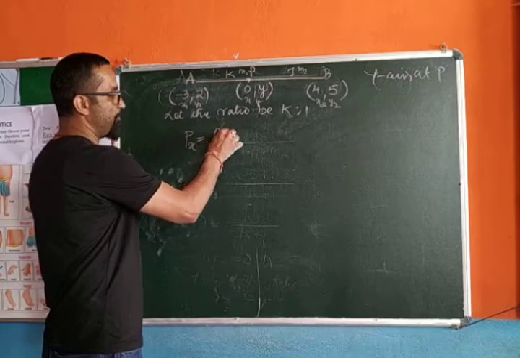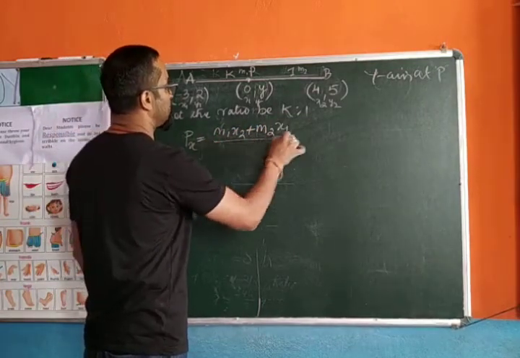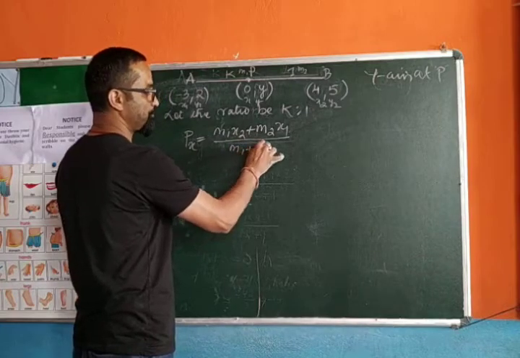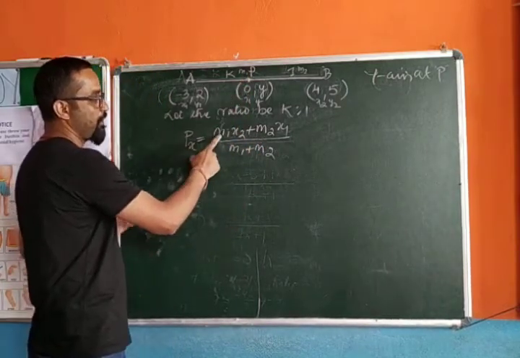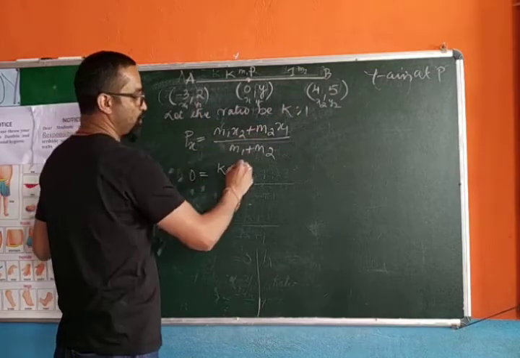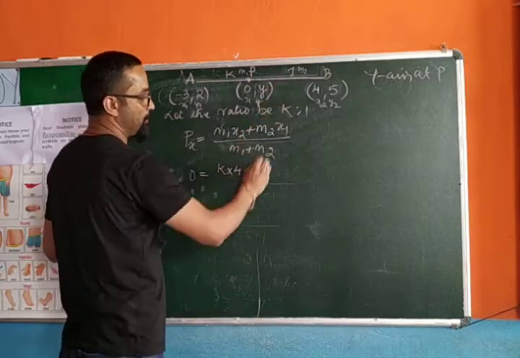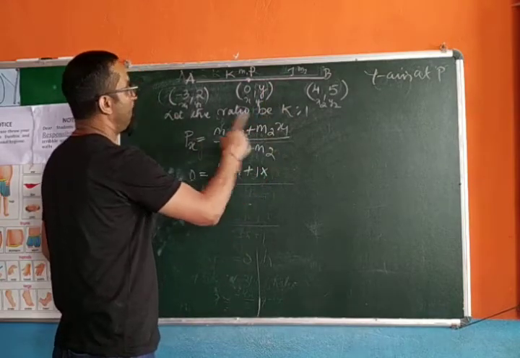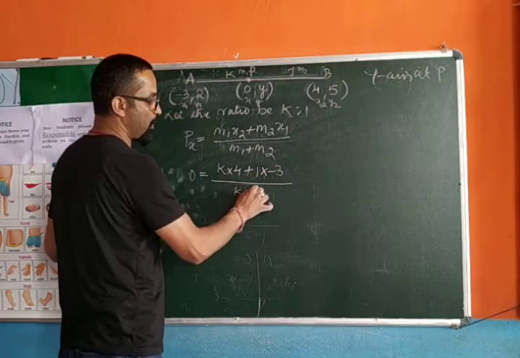Px equals m1 x2 plus m2 x1 divided by m1 plus m2. Px is 0, m1 is k, x2 is 4, plus m2 is 1, x1 is minus 3, divided by k plus 1.